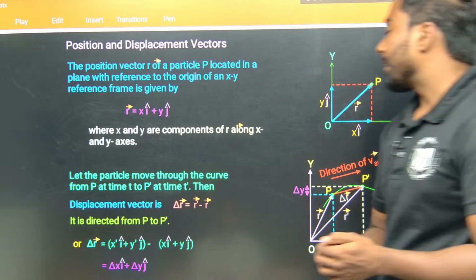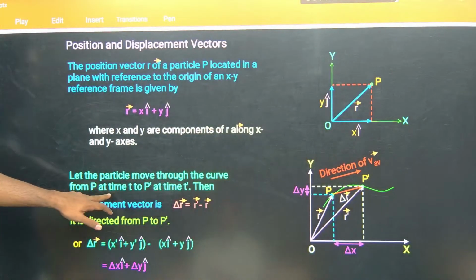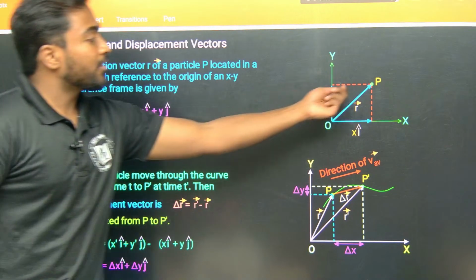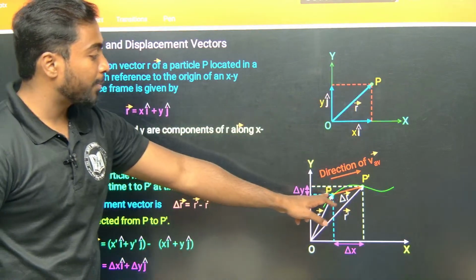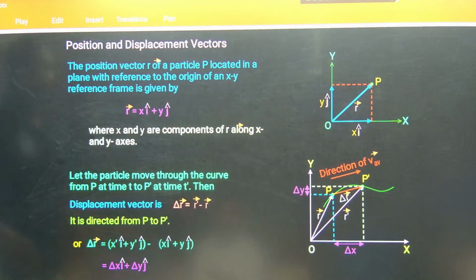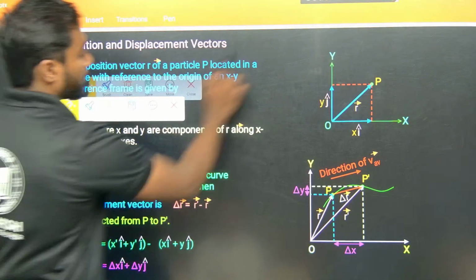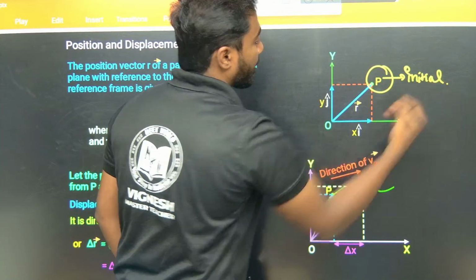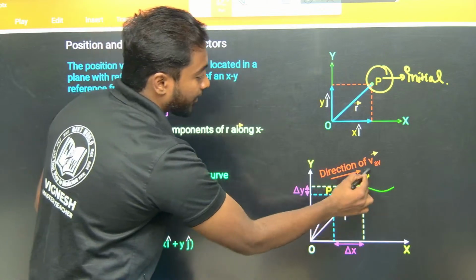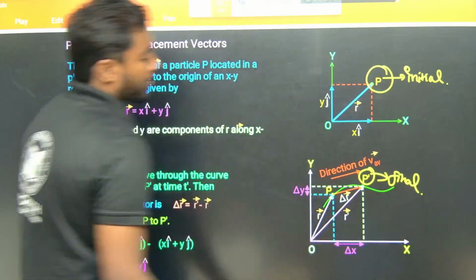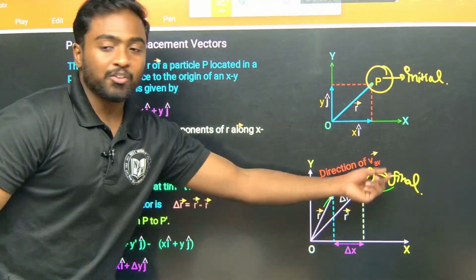Okay. So let the particle move through the curve from point P at a time t and P dash at time t dash. So initially this is my point. Now the point has been moved. So this is my initial position. Now if I consider the initial position and the final position, that is P dash, final position, so what happens here, some displacement has taken place, right?